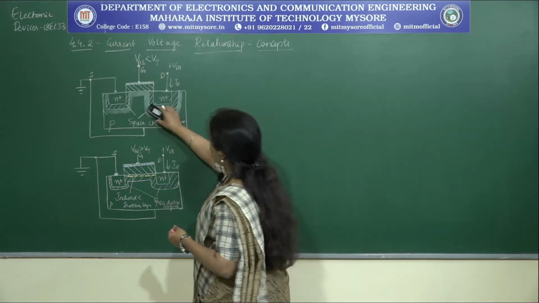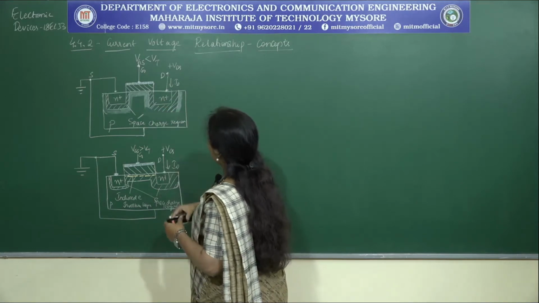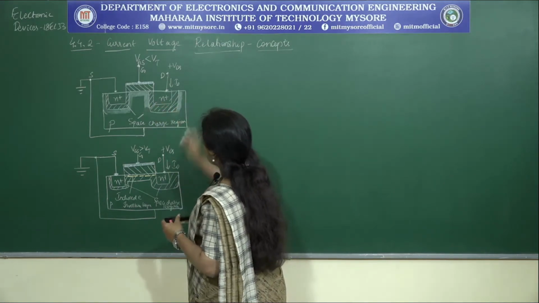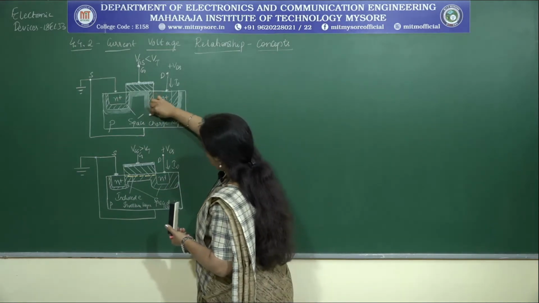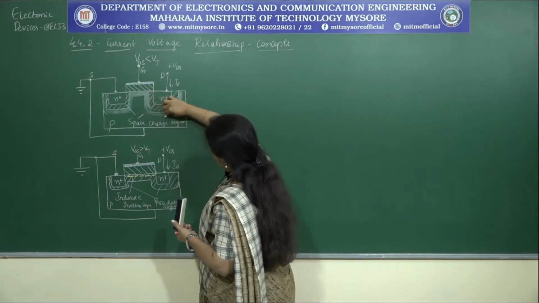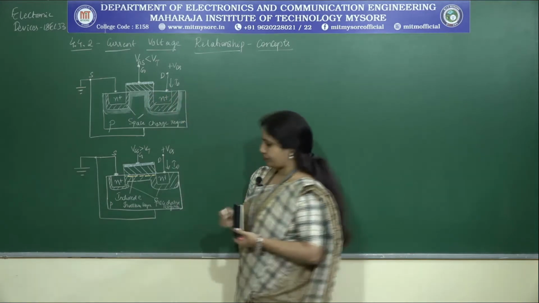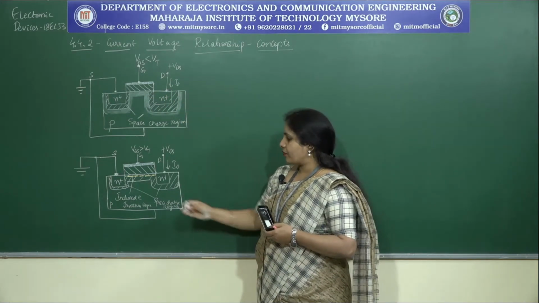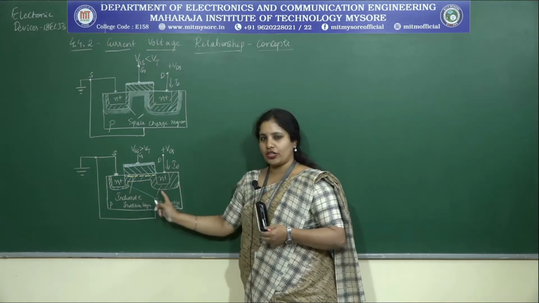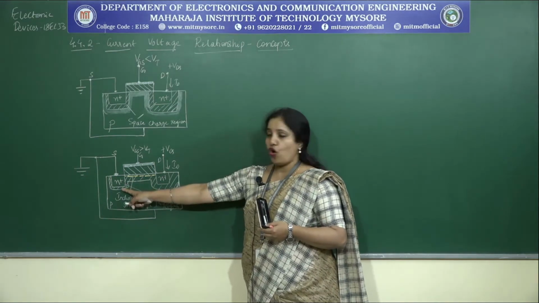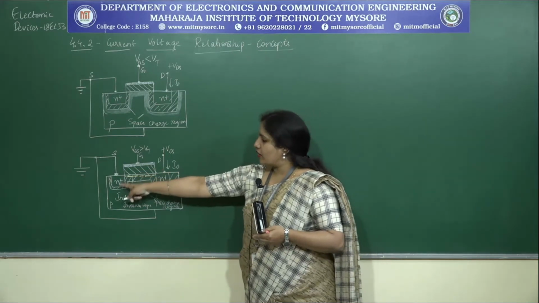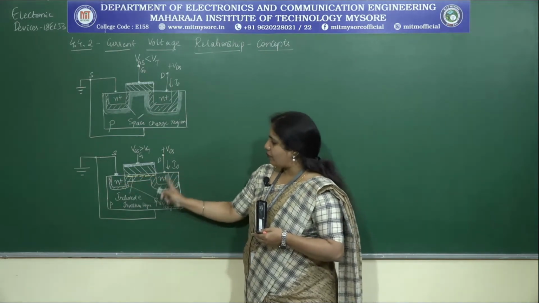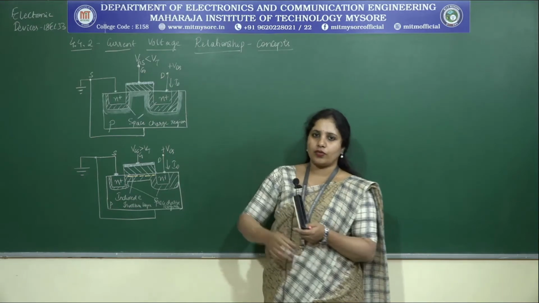You can draw it a little less in size, because it was too big. See here also that comparison takes place. This depletion region width is less than that of this, because it is grounded here, whereas this N plus region is connected to the positive.